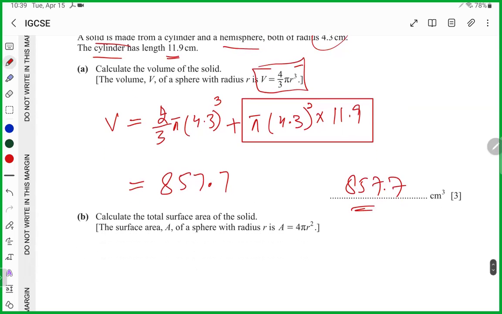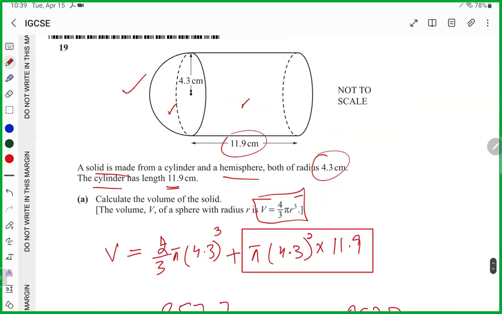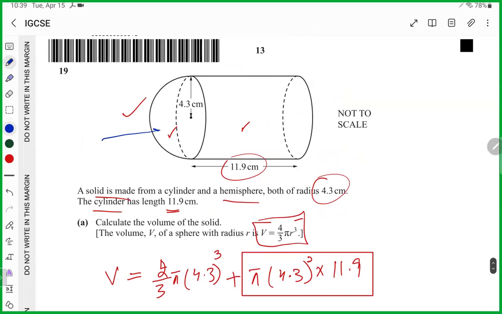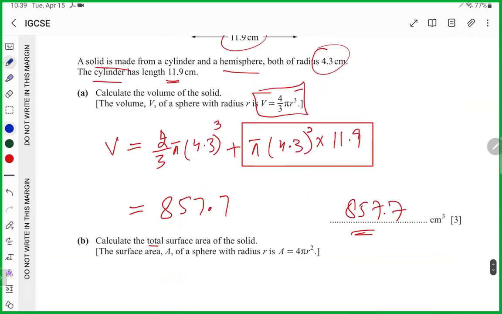Okay, calculate the total surface area. So for total surface area, we have the curved surface area and the base area. This is pi r squared, this is 2 pi r h, and this is 2 pi r squared, because the total surface area of a sphere is 4 pi r squared.